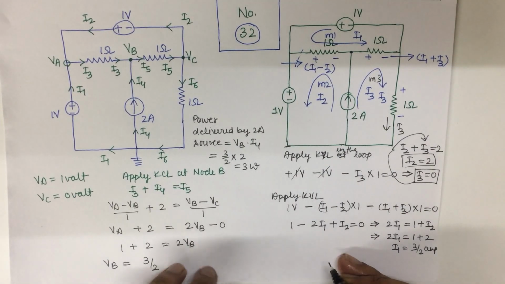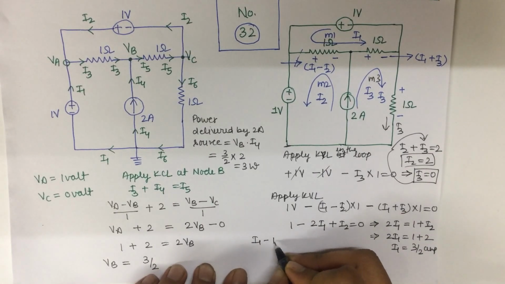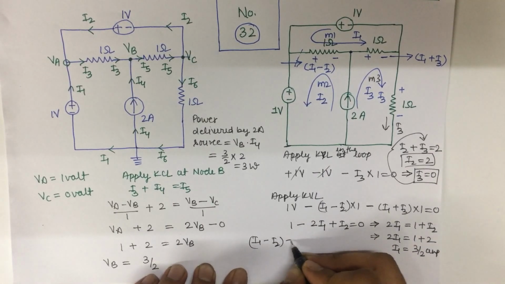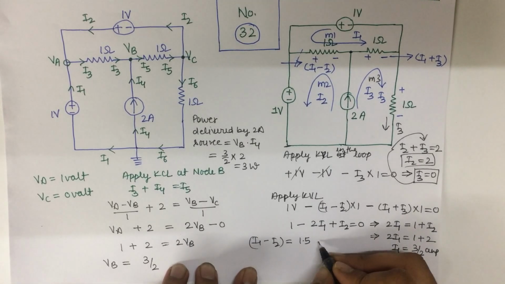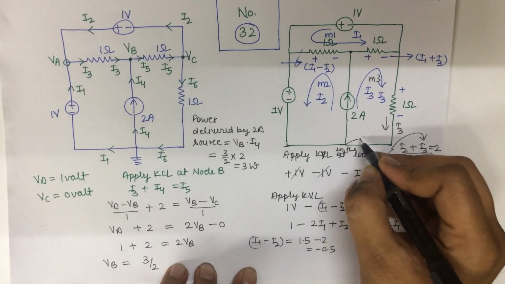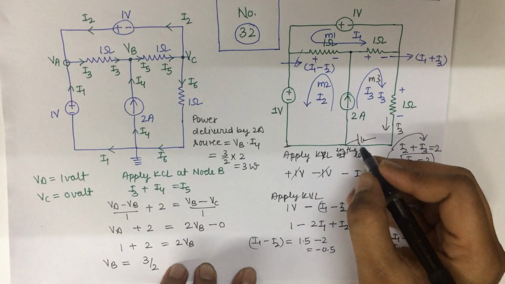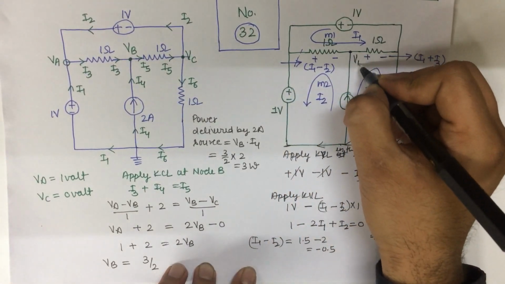So now we find I1 minus I2. I1 is 1.5 and I2 is 2, so this is minus 0.5. Let us say this is the ground node, and let us say this is VB.